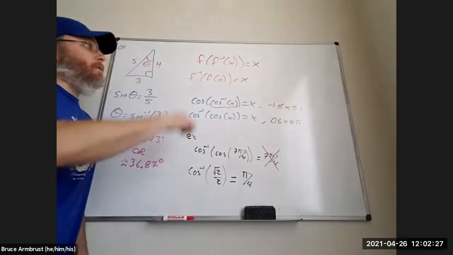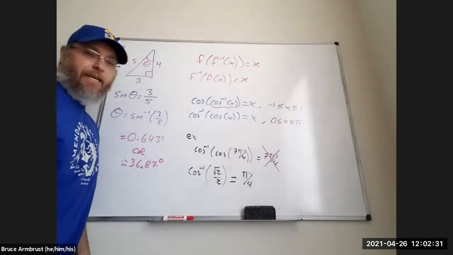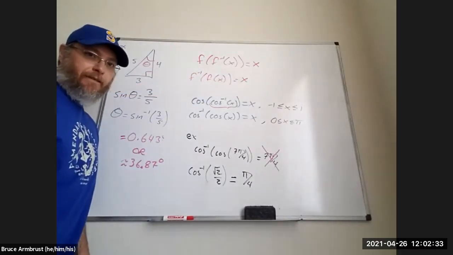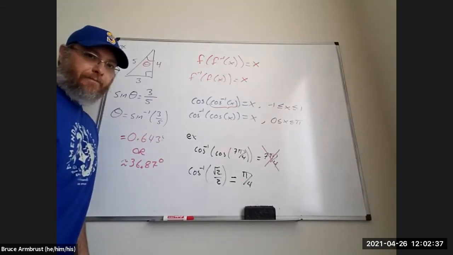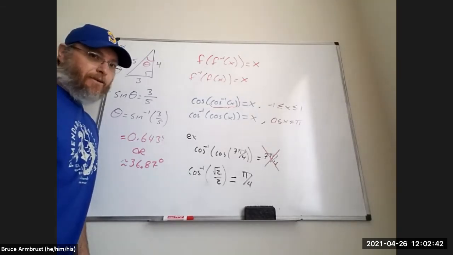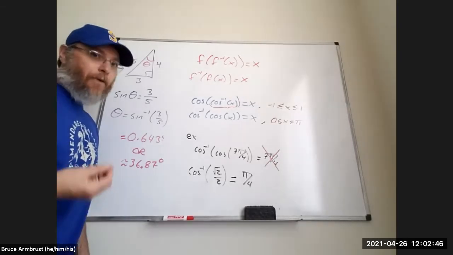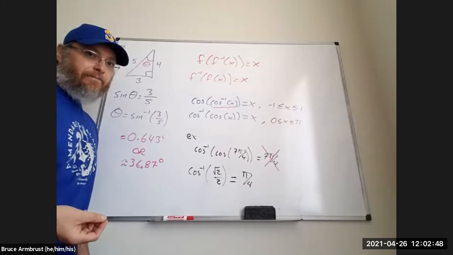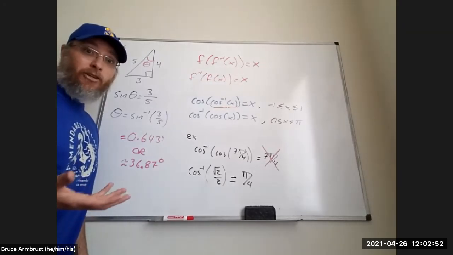Before, when you ran into inverse functions that were being composed, no thought, they just cancel each other out, you're done. Natural log of e to the x, x. Square root of x squared, x. Like, you didn't have to think about it. Now we have to think. And I apologize, because we don't like doing that. That's when math gets hard, right?